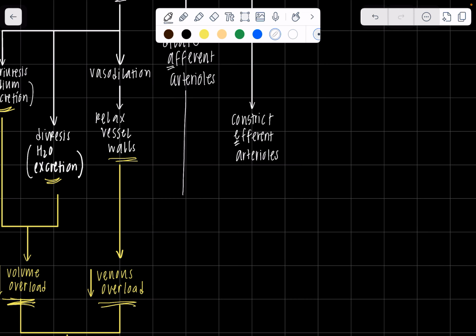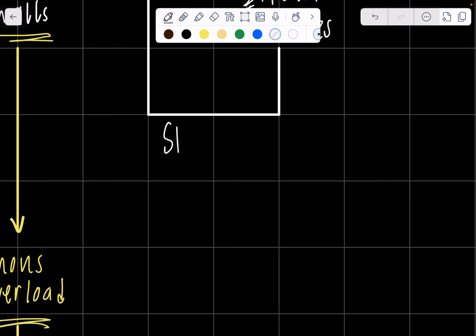So there are these pressures that are called Starling's pressures.